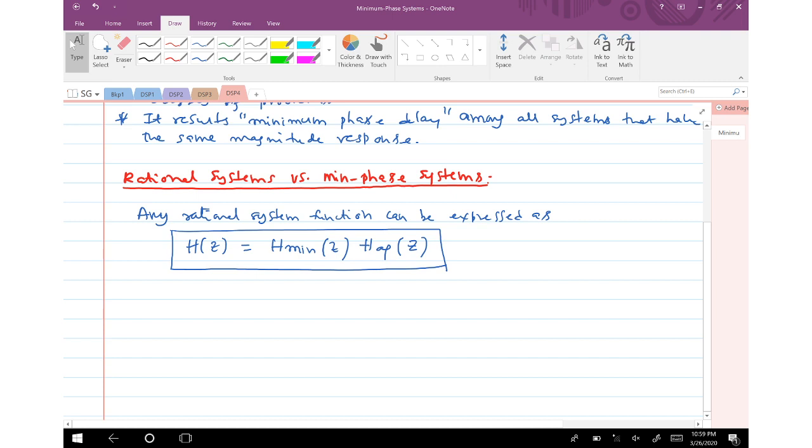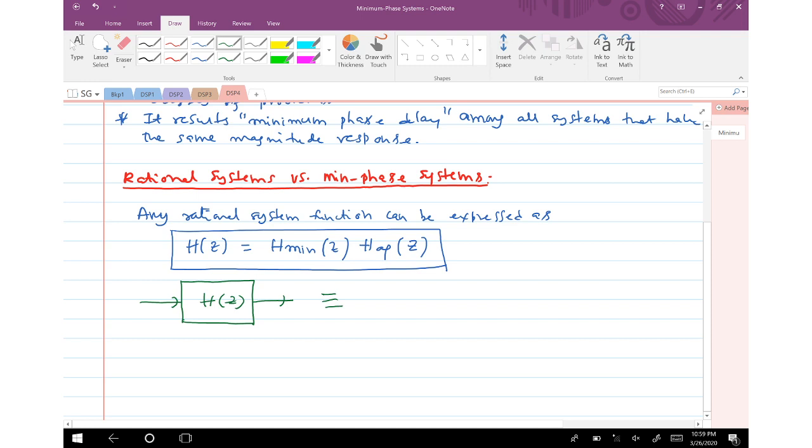If you want me to write it as a block diagram, assume that you have a system whose z transform is H(z).